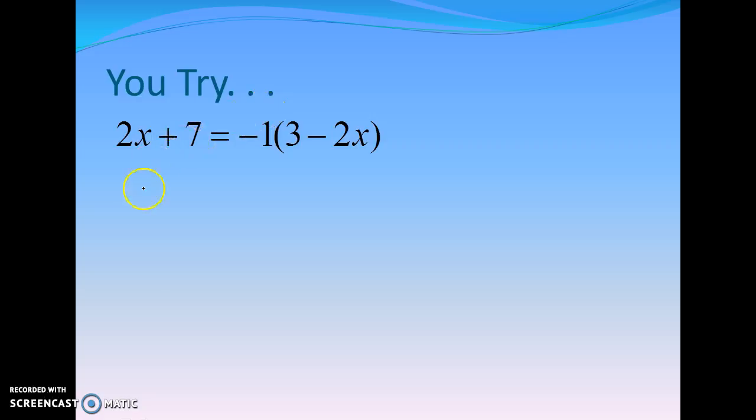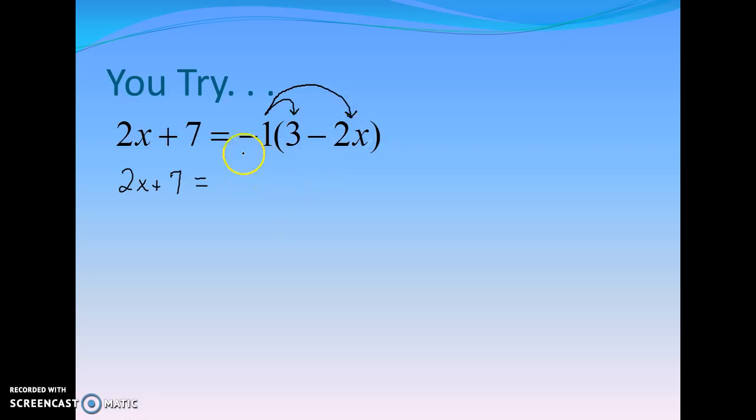Okay, hopefully you've had a little bit of a chance to get this thing worked out. So let's walk through real briefly here. On the left side of the equal sign, once again, I have a variable term, my 2x, and I have a constant term, my 7. There is nothing I can do to combine those, so those guys are just going to stay exactly the same. Bring down my equal sign. Now on the right side, I'm going to be able to distribute my -1.